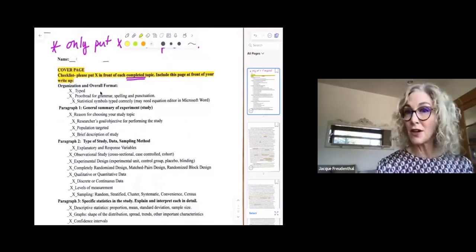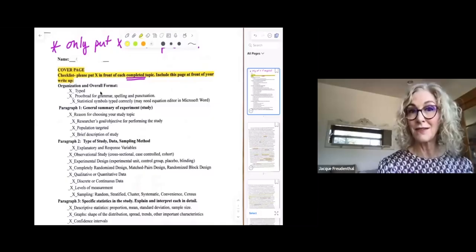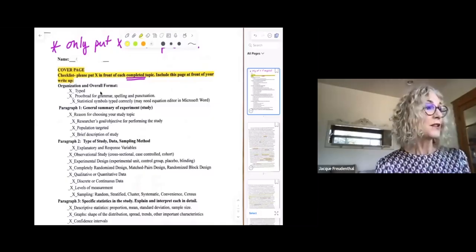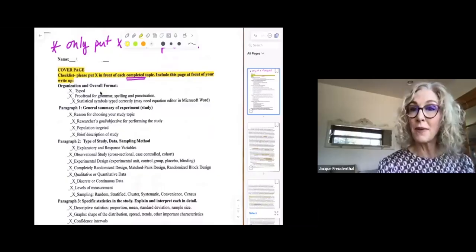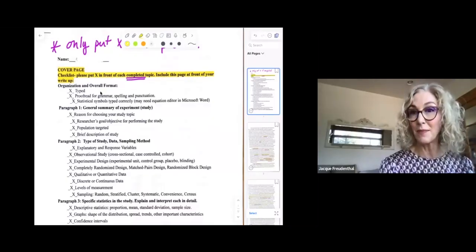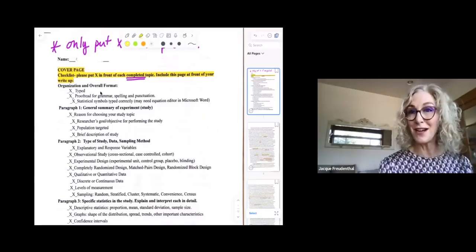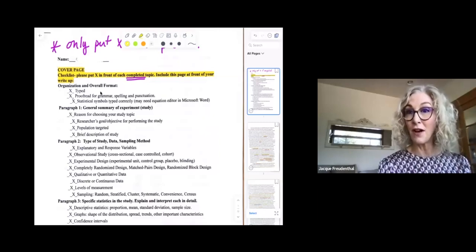The cover page is always included when you turn in your capstone project, your summary. As you're going through this cover page and I ask you to put a check mark next to what's been completed, only put a check mark next to what you have found in your study. If you do not have confidence intervals in your study, then you're not going to put a check mark next to confidence intervals.